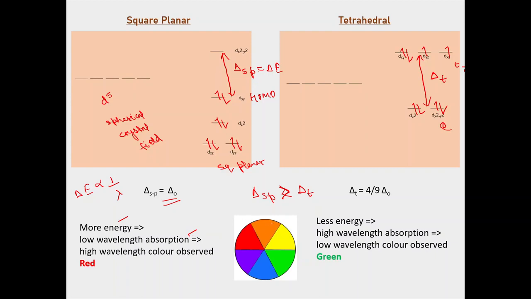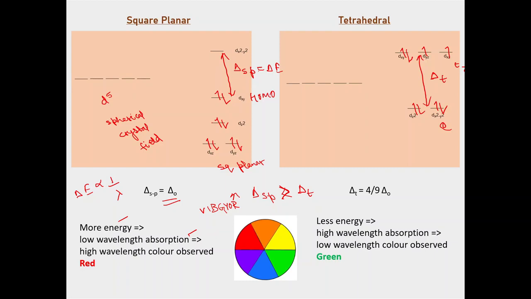I think you know this: whatever color is absorbed, we see the complementary color to that. Okay, so which color has the maximum or the lowest wavelength?